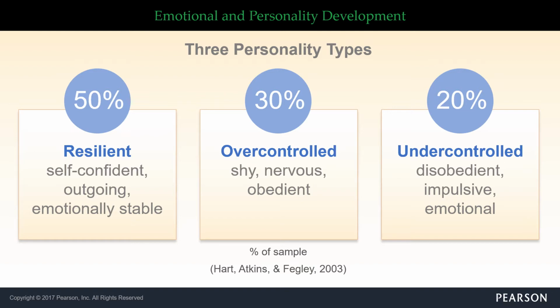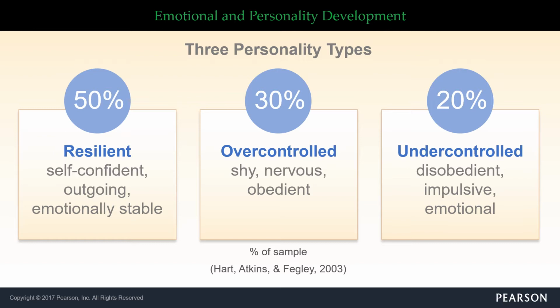30% are in the slow to warm category, which is now called over-controlled, where a child is quiet and reserved, or we sometimes call that shy, although that labels a child, so quiet and reserved makes a lot more sense. They're more nervous in new situations, but they tend to be obedient.